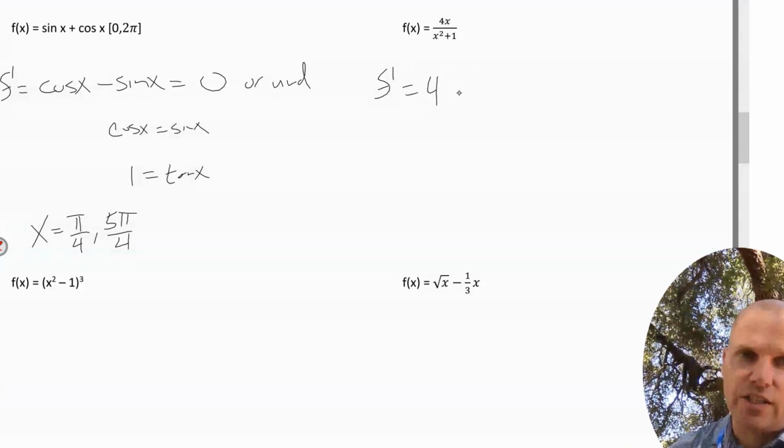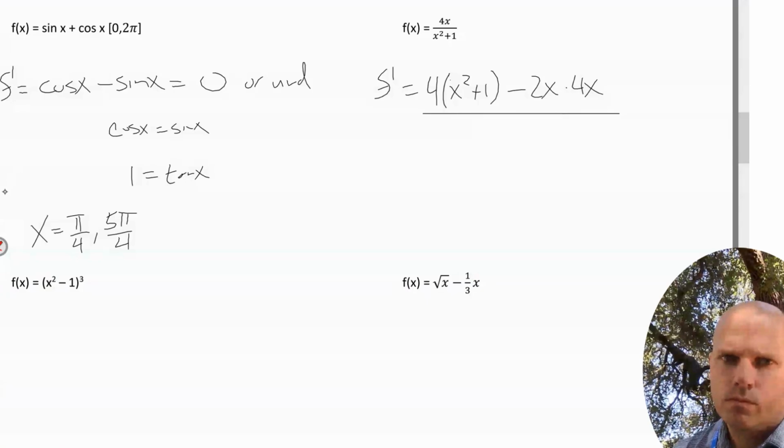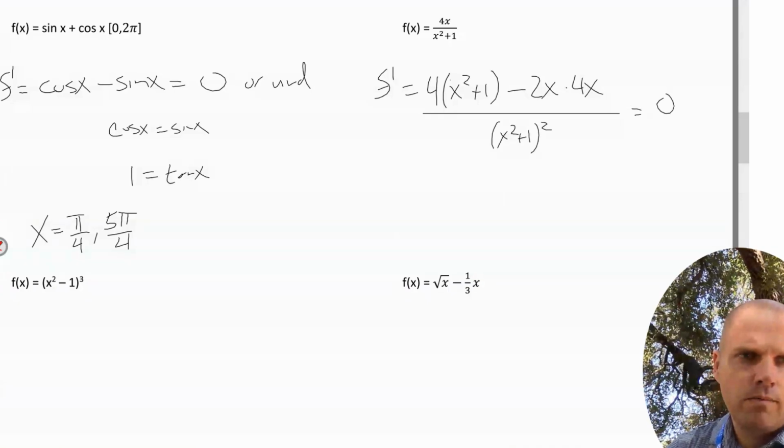Now with fractions, I do have to worry about stuff. I'll show you what I would do when dealing with a fraction. Can I use the quotient rule? Okay, now 0, undefined.